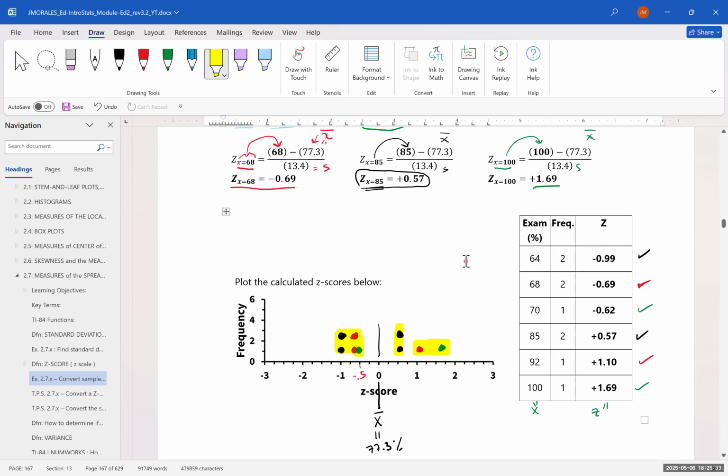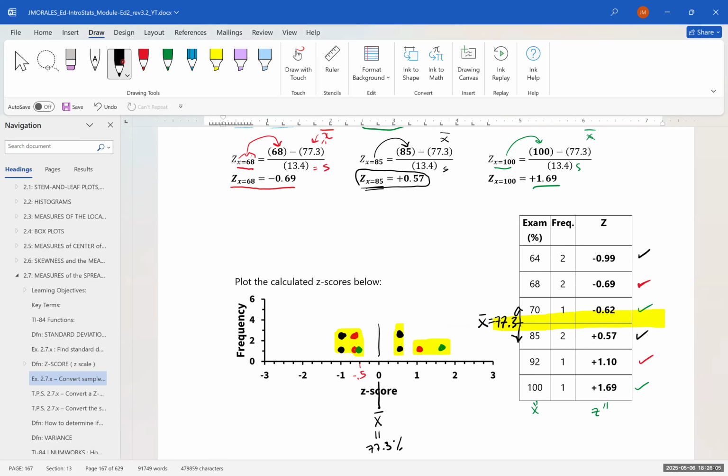And of course, I think the important thing to highlight here was this split, where you had negative z-scores and positive z-scores, and that split occurred because the sample mean was 77.3, and 77.3 is right here between 70 on that side and 85 on that side.